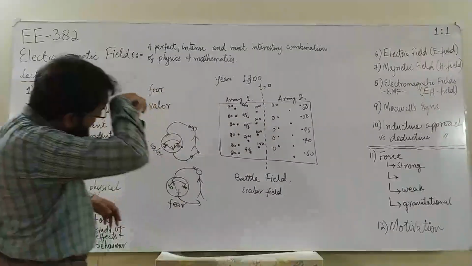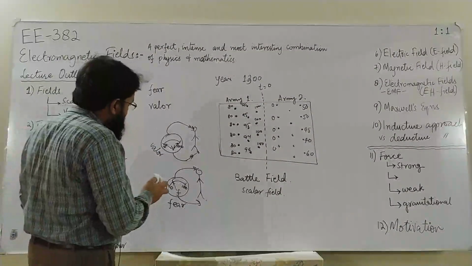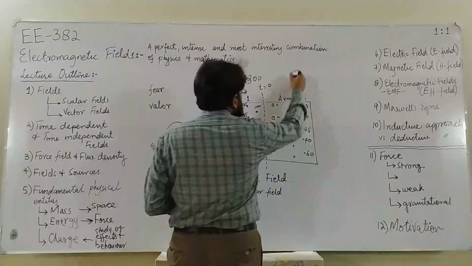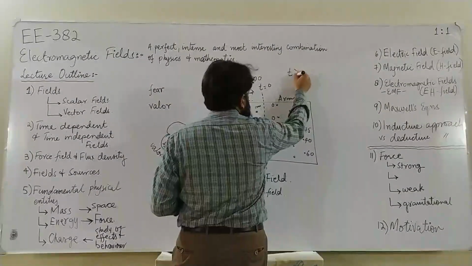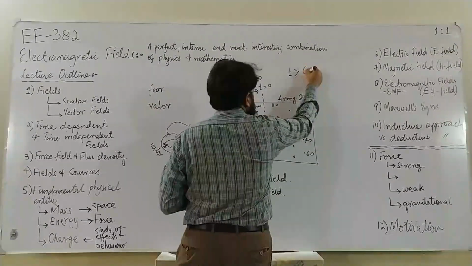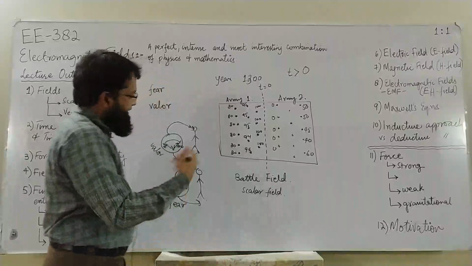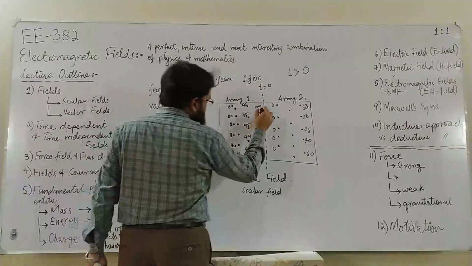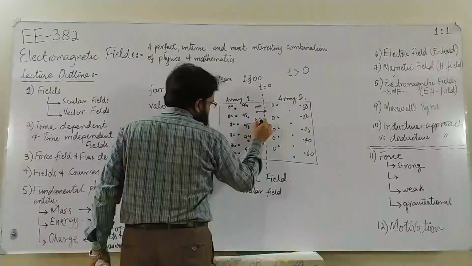But there are some other things which we can measure in this battlefield. Let's say the battle starts and we are in this regime of time. The battle starts at time t greater than 0. What happens? Soldiers start to move in this direction.